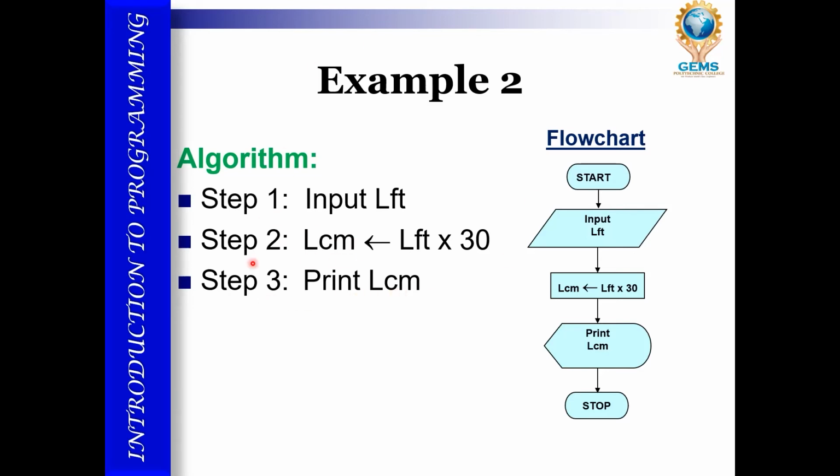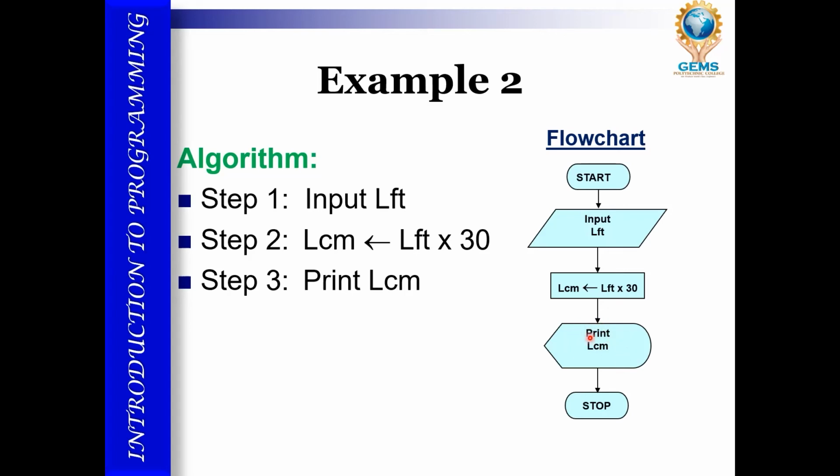The same thing, this algorithm I tried to represent with the help of a flowchart. We started the program, we got the input from the user, and the input we got in feet is multiplied by 30, then this whole value becomes centimeter. So L is going to store the value in centimeter.